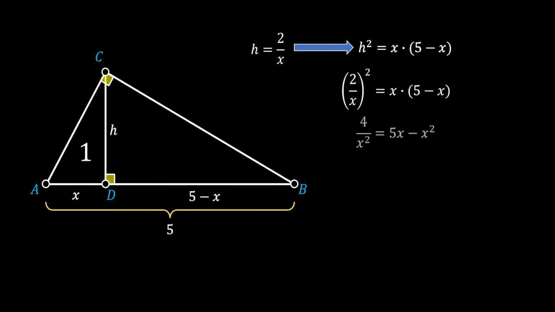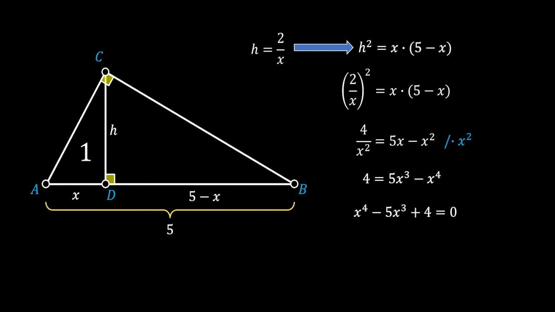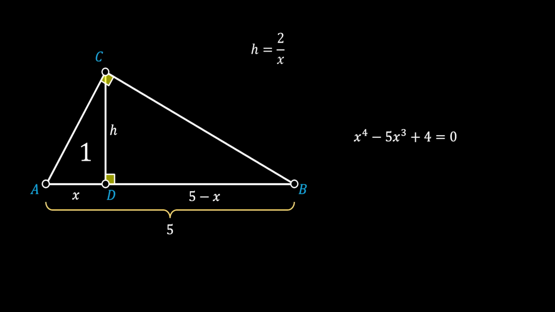Now we can work through this, and we can multiply both sides by x squared because we know that x is a length and it cannot have the value of 0. Therefore, we will get the following, and we will put all our terms on the left, and we're going to be left with this really nice but a little bit terrifying polynomial equation.